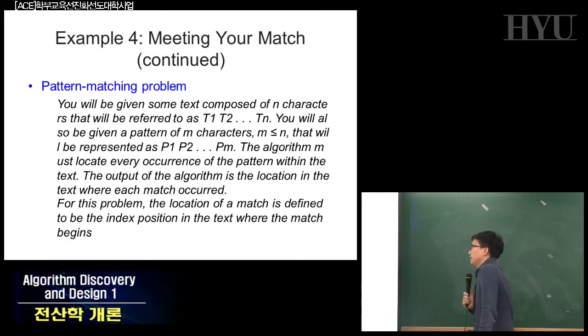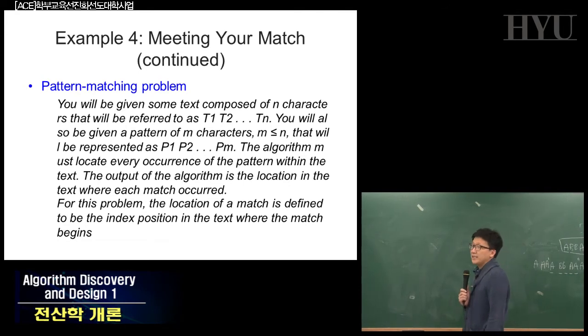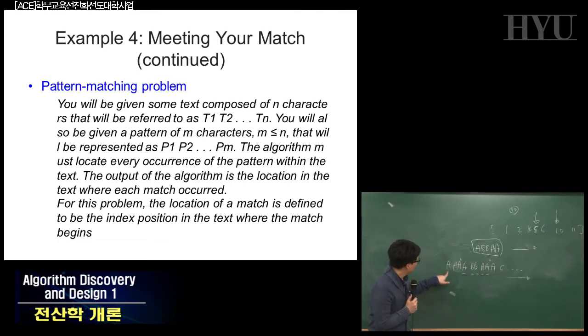Okay. The output of the algorithm is the location in the text where each match occurred. In this case, 1, 2, 3. At position 4, the first pattern occurs. Between 4 to 8, the first pattern occurred.